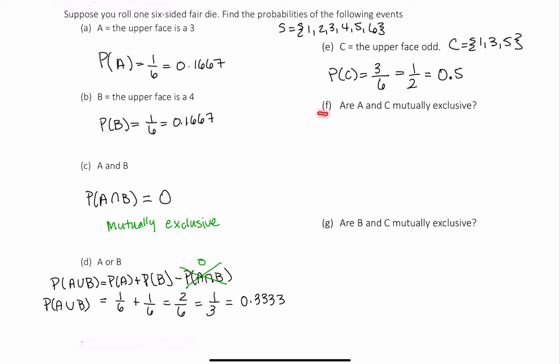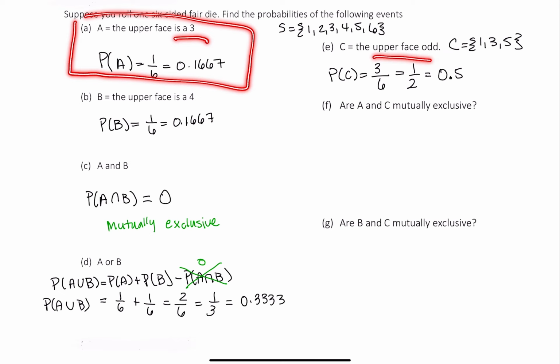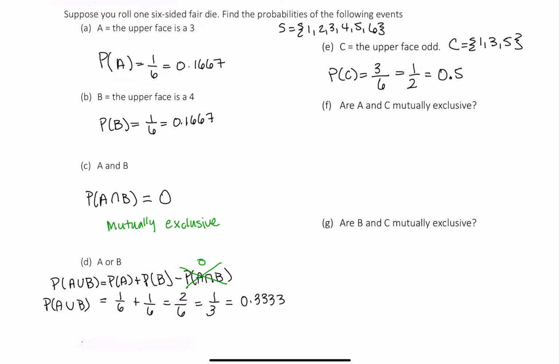Next, part F, are A and C mutually exclusive? So remember, A is the upper face is a 3, C is the upper face is odd. They have something in common. That is, A intersect with C, A and C has the element 3 inside. So I know the probability of A and C is equal to 1 out of 6.